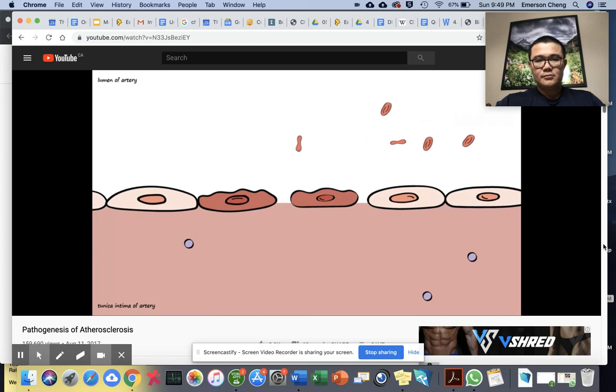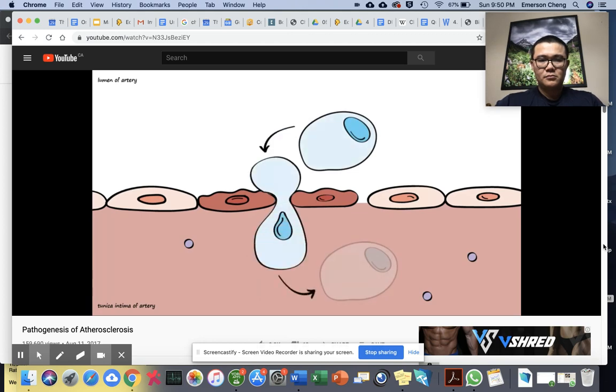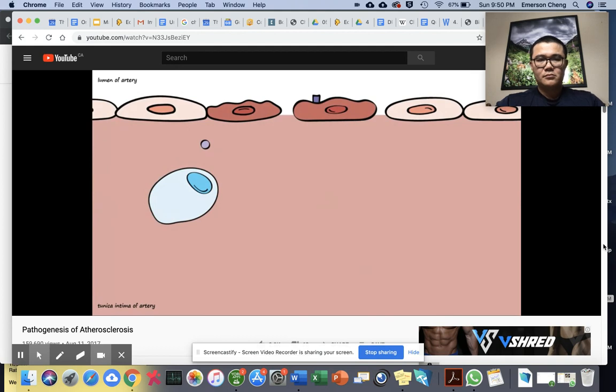However, when endothelial cells are exposed to irritating stimuli or damage, they will express adhesion molecules that can capture nearby white blood cells. These white blood cells undergo morphological changes that allow them to flatten and squeeze between endothelial cells. This movement of white blood cells out of the bloodstream is called diapedesis. White blood cells are capable of producing free radicals. And when these free radicals come in contact with LDLs, oxidation occurs.